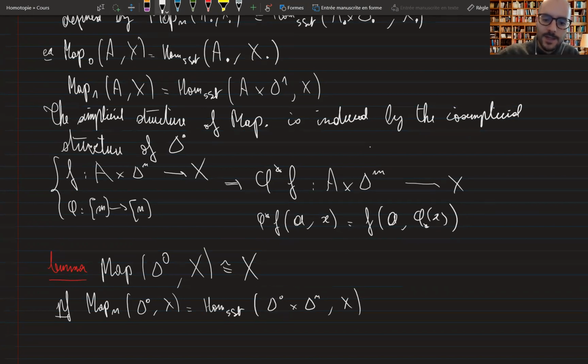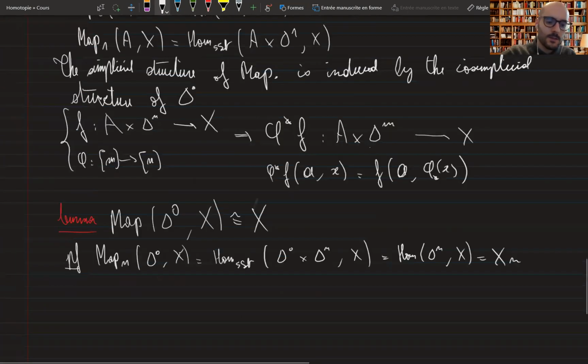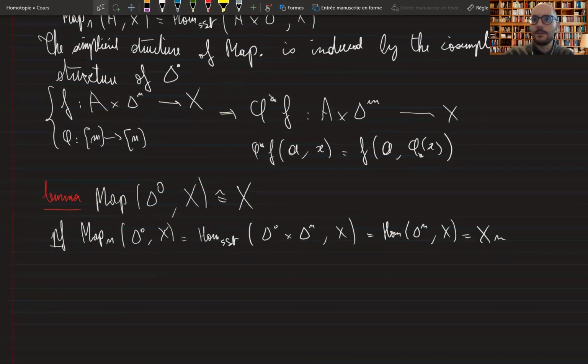Crossing with delta 0 is doing nothing. And then you have a Yoneda lemma. And I will let you check that everything that I have written here is natural in X, right? It's compatible with the simplicial structure of X. Which is something you have to check. It's not completely obvious, right?